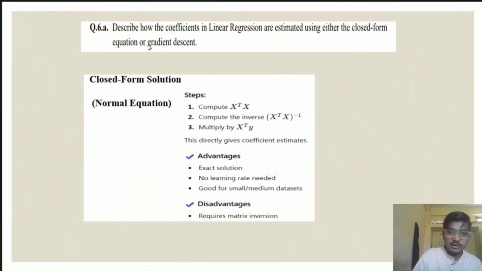Now question number 6a is asking to describe how the coefficients in linear regression are estimated using either the closed form equation or gradient descent. So in the closed form equation, we follow these steps.